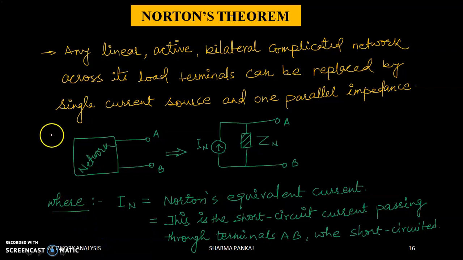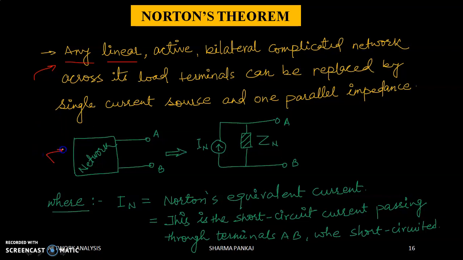See this, the statement of Norton's theorem. Any linear, it means the circuit should be linear. Let me first dictate it for you. Any linear, active, bilateral, complicated network across its load terminals can be replaced by a single current source and one parallel impedance.